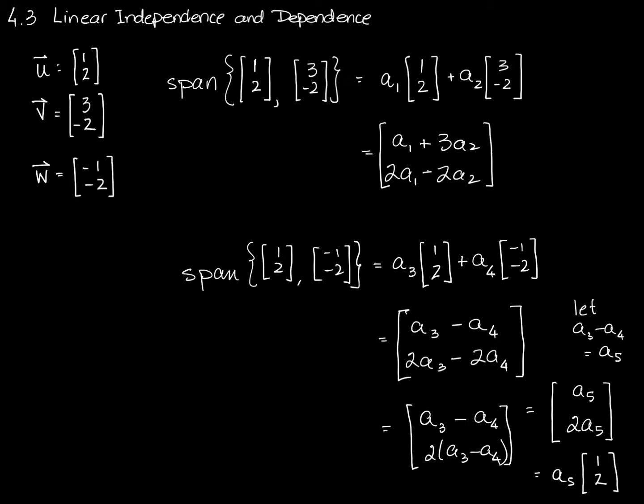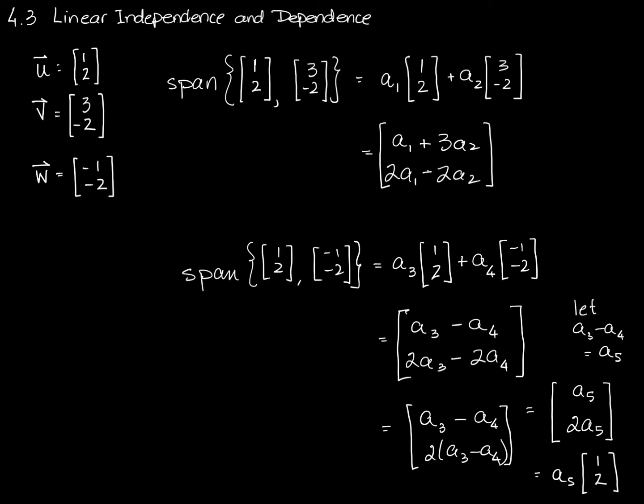of each other, for a vector to be in the span of these two vectors, it must also be a scalar multiple of the vector (1, 2). Any scalar multiple of the vector (1, 2) will be in the span of the vectors (1, 2) and (-1, -2), but all vectors in the span will take this form. So we're only going to get in the span of these two vectors, vectors that are scalar multiples of these two vectors.